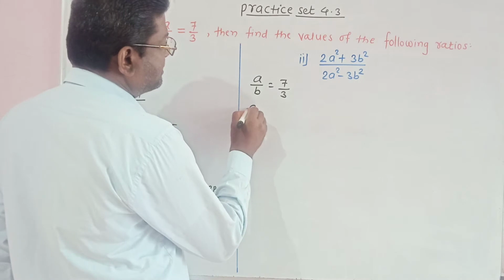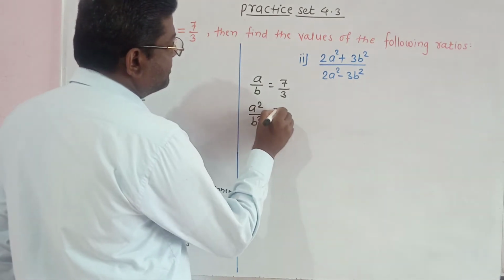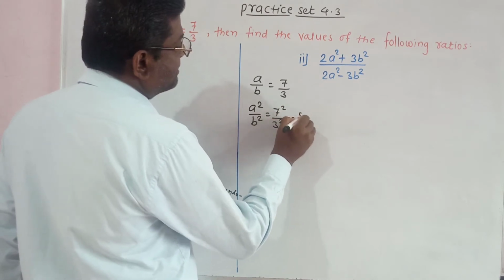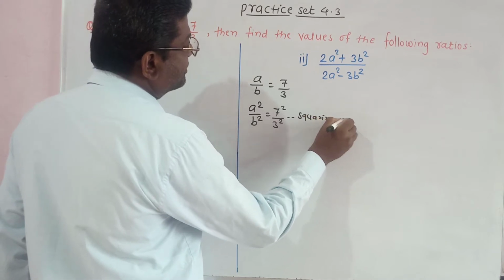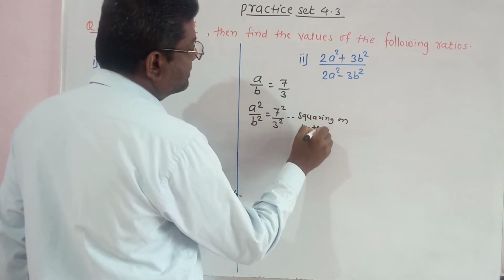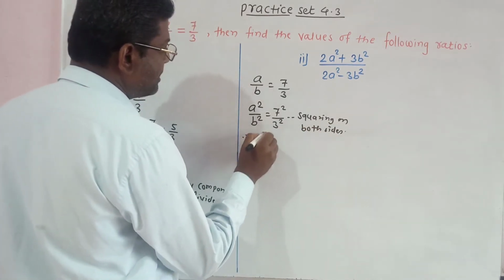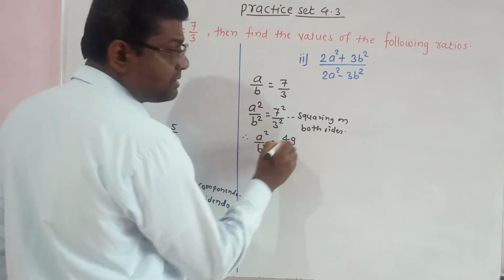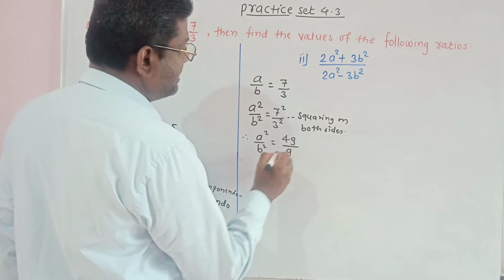There will be A square upon B square is equal to 7 square upon 3 square. Squaring on both sides. Therefore A square upon B square is equal to 7 square is 49 and 3 square is 9.